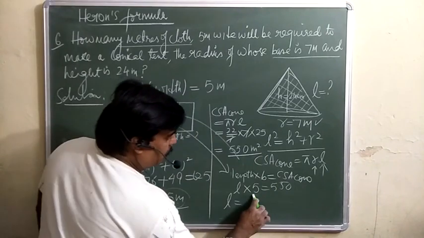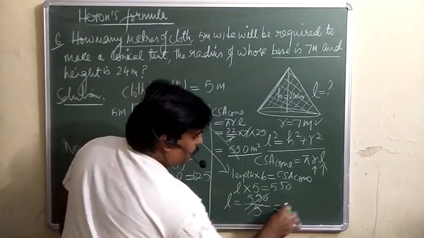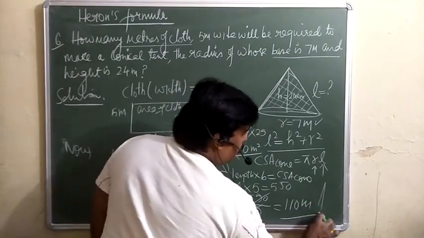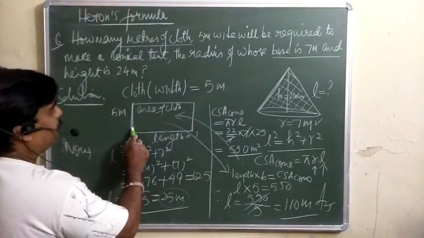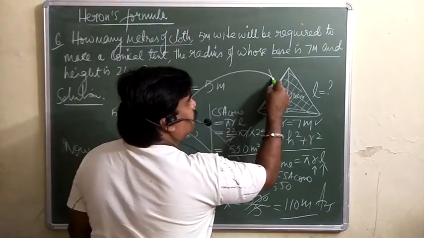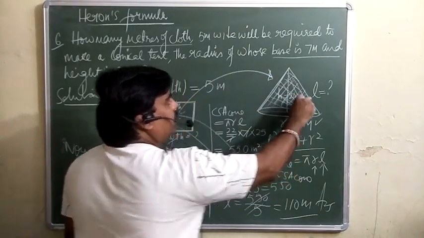So L will be equal to 550 over 5, that is equal to 110 meter. Means if the cloth is 110 meter in length, with this width, we can cover this cone with the cloth. Have a look.